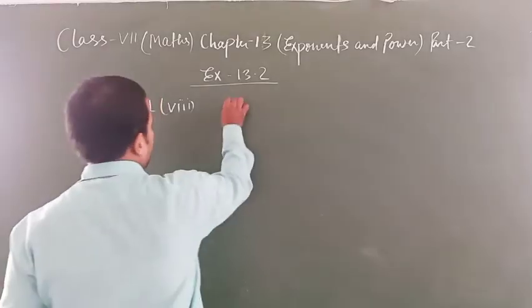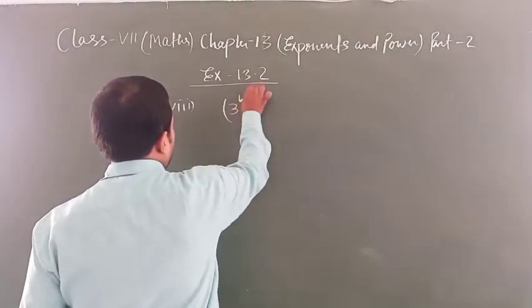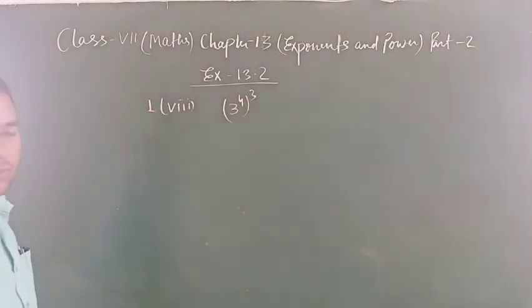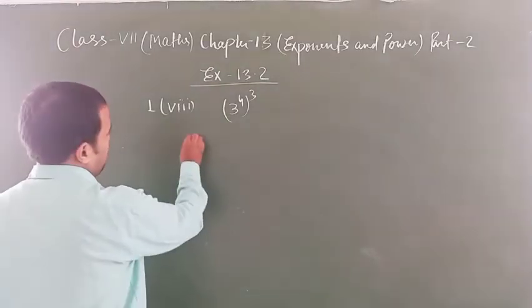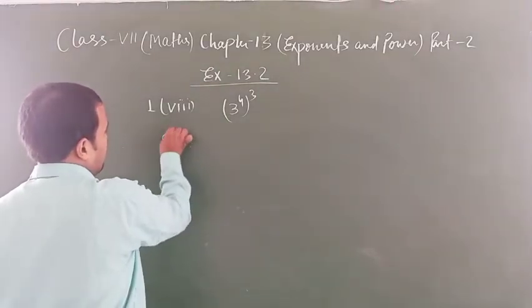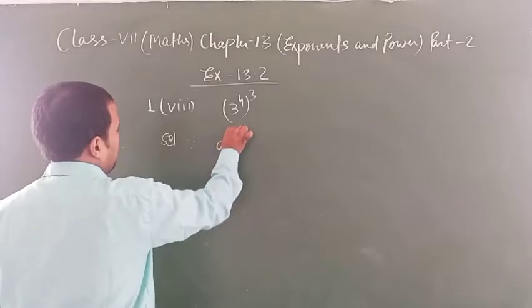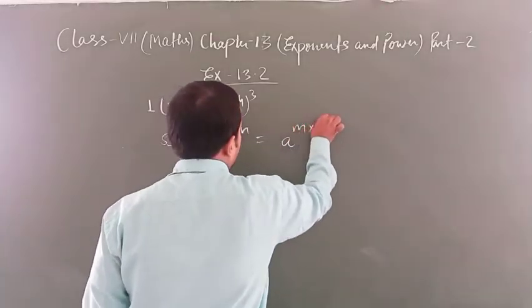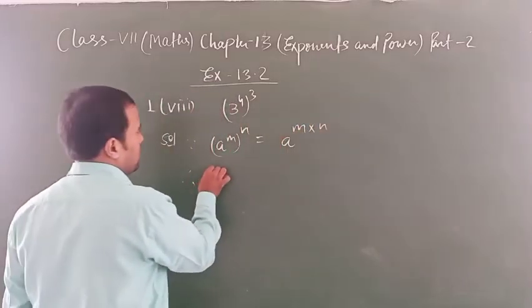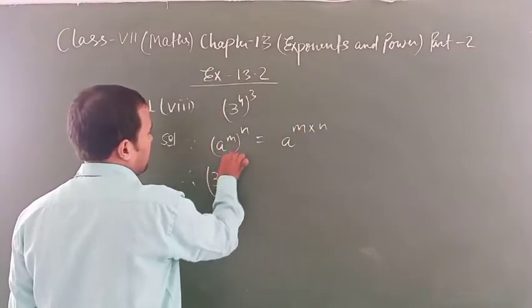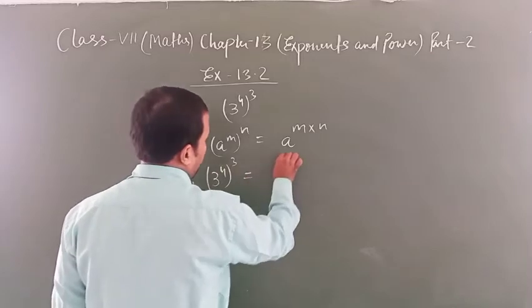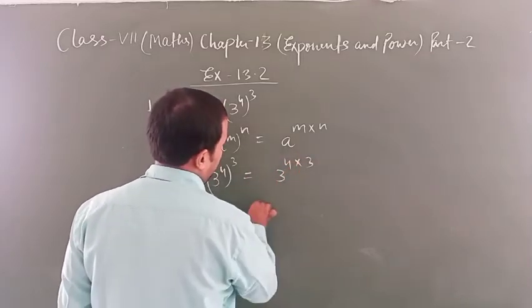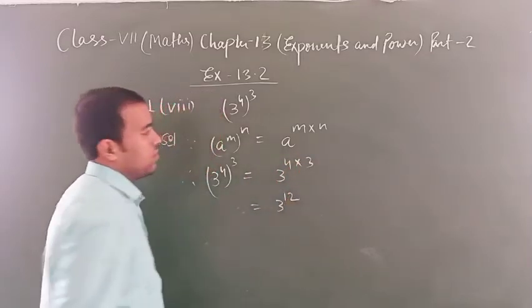3 power 4 power 3. We know that a power m power n equals a power m into n. So here also, 3 power 4 power 3 equals 3 power 4 into 3, which means 3 power 12.